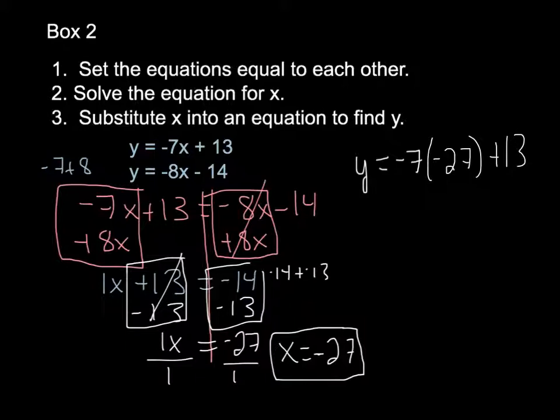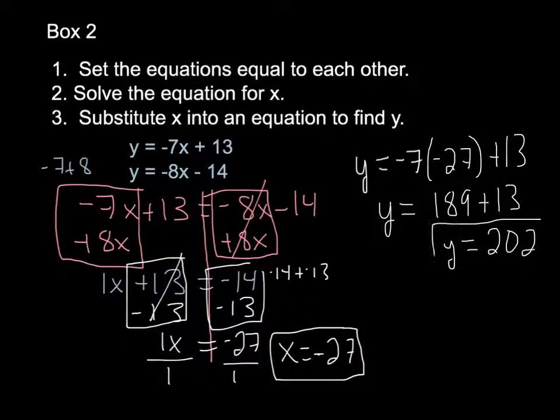Now these numbers are a little bigger than we usually use, but we do 7 times 27. So negative 7 times negative 27. And negative times a negative is a positive. And 7 times 27 will be 189 plus 13. When we add that up, we get y equals 202.